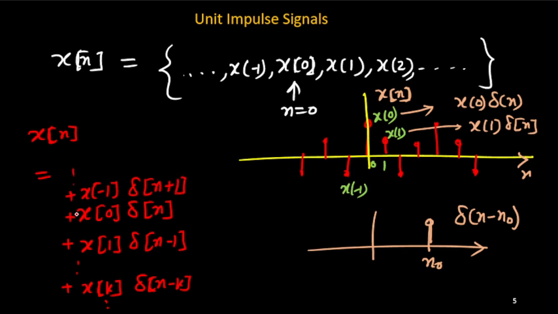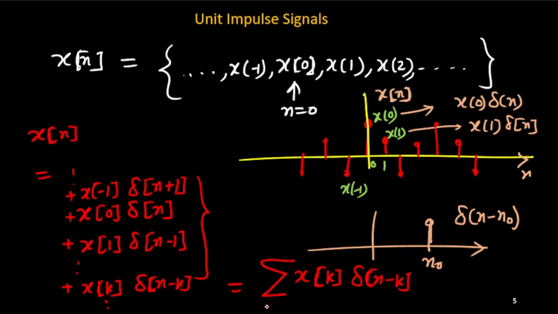So what is this? It is a combination of all the things, all the samples. So in short, we can write all those things, these together, it is nothing but summation of x of k, and it is del n minus k, and k will vary from minus infinity to infinity.